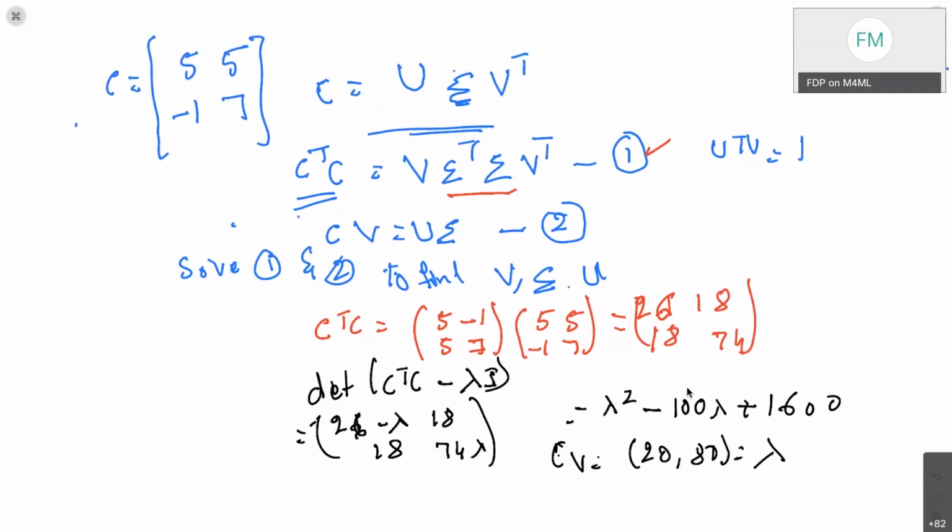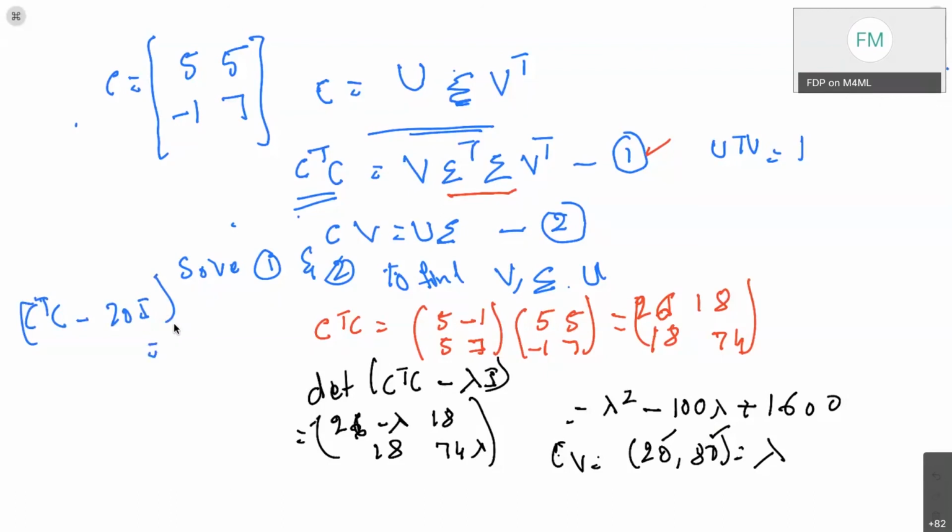To find the eigenvector, of course, we have two values, one is 20 and another is 80. So what we do is, let's say C transpose C minus 20I. This is basically how we are trying to find the eigenvectors.